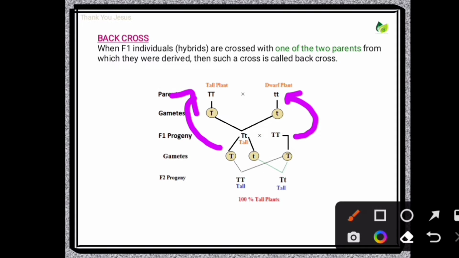The F1 individual having the genotype capital T small t, which is a hybrid, may be crossed with the dominant parent such as capital T capital T, or the recessive parent such as small t small t. Such a cross is called a back cross.